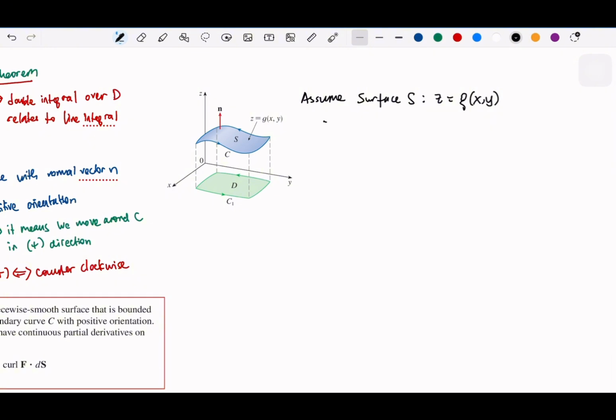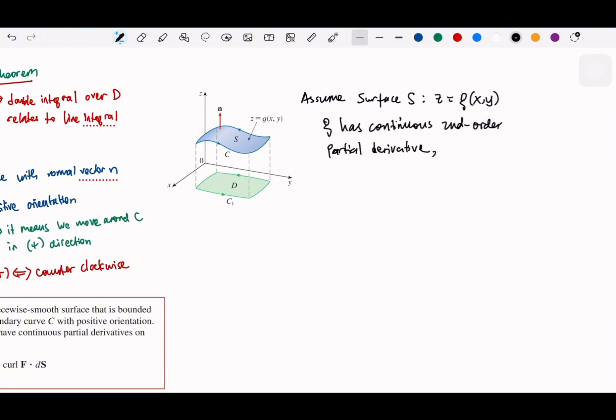And then g we define as having continuous second order partial derivatives, which means that we can partially derive this a second time.